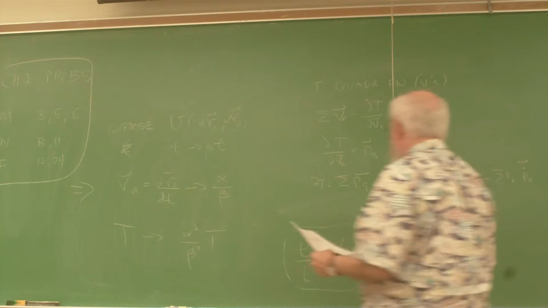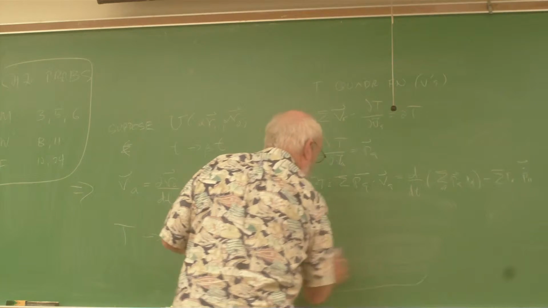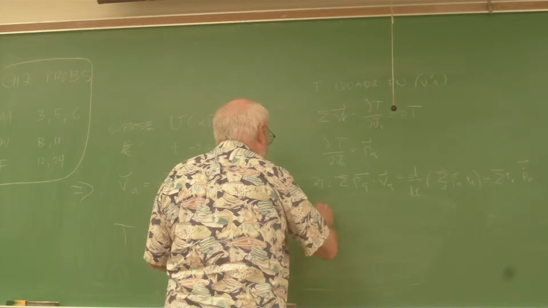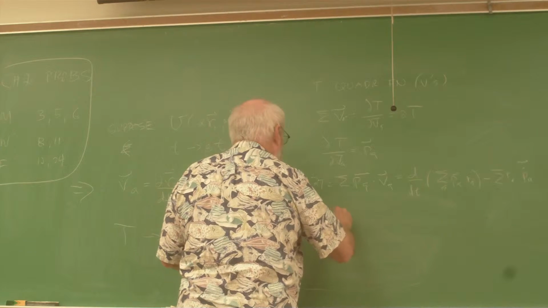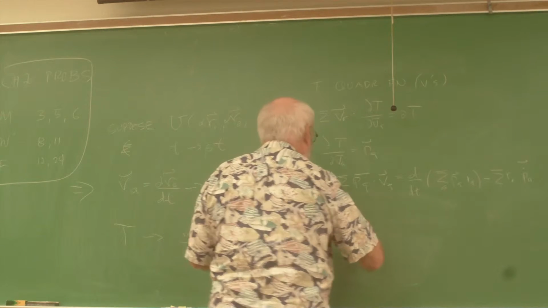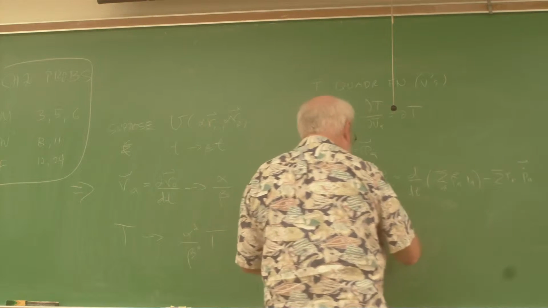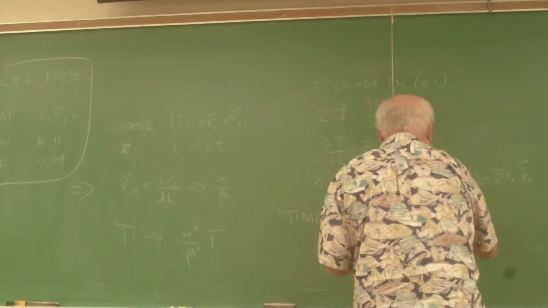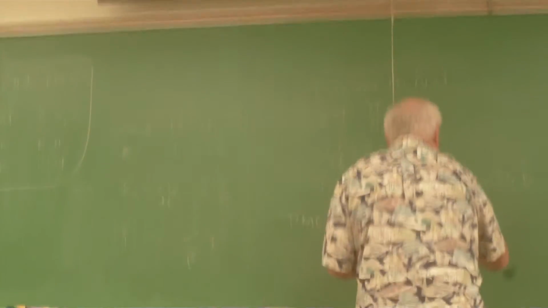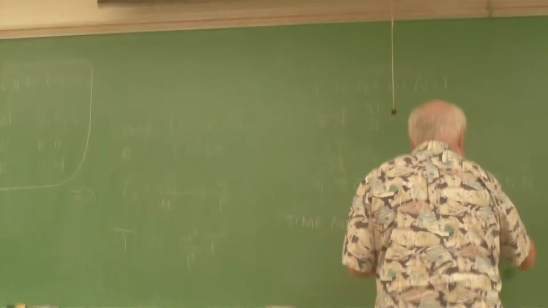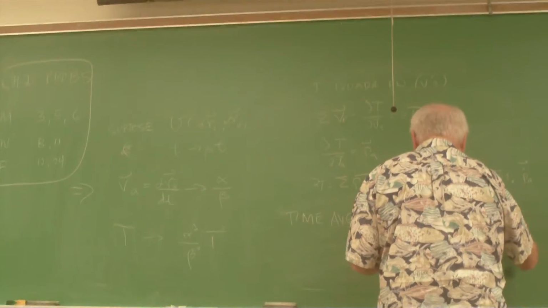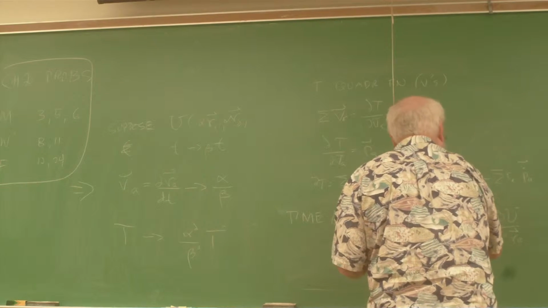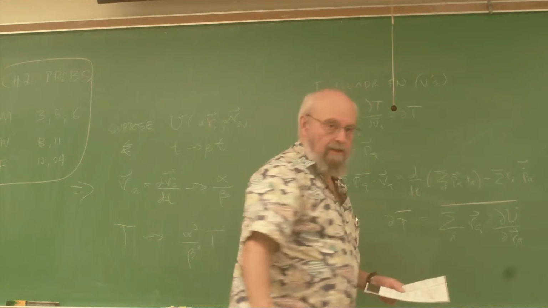So if we're going to do time averaging now, we wind up with 2T bar is equal to the time average of sum over A of R A dot grad U, using the bar to indicate time average.